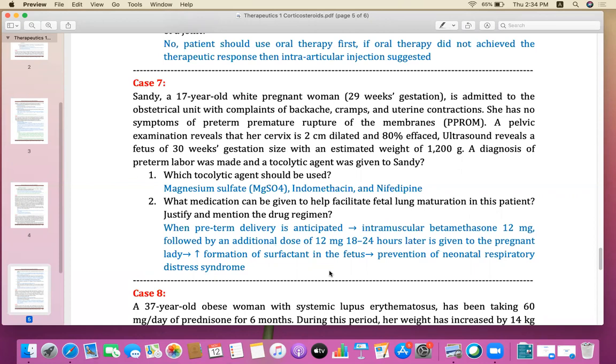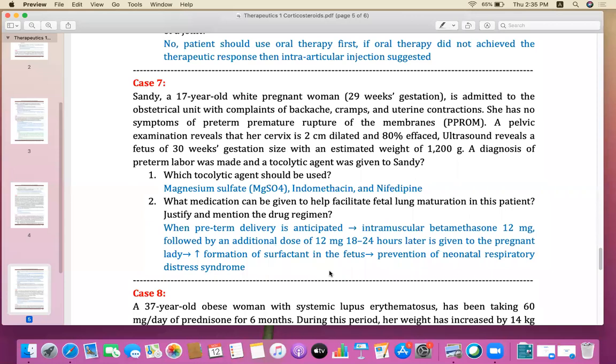What is the case? The case is premature delivery, preterm labor, the chance of delivery before the 9 month. What is the question? Which tocolytic agent should be used? Now, this question is not related to our corticosteroid, but they are asking the question of the tocolytic agent. What is the tocolytic agent?